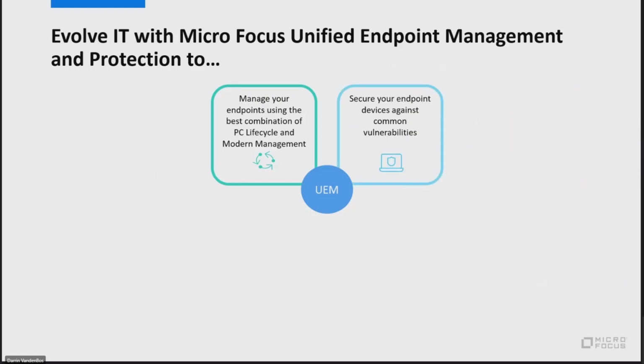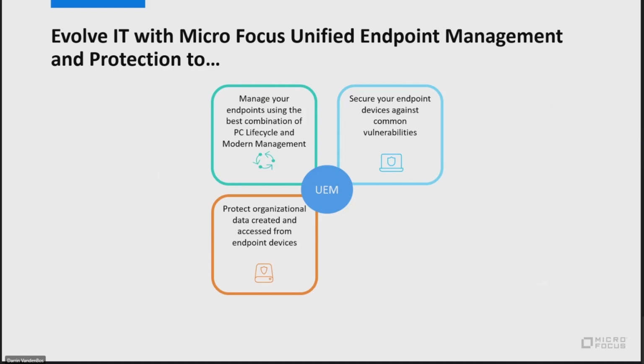We also, in ZENworks and the portfolio, help you secure your endpoint devices against common vulnerabilities. So being able to ensure that the software on your devices is patched, being able to detect malware threats, being able to make sure that devices are encrypted if they are lost or stolen.